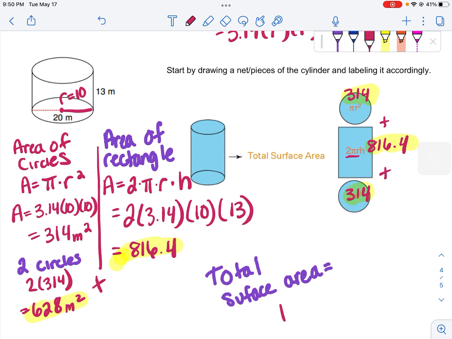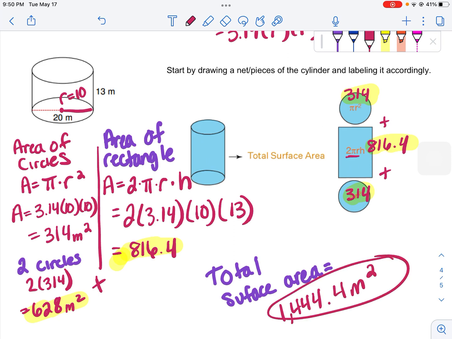And the total surface area would be 1,444.4 square meters. So make sure that you chose the one with square meters instead of cubic meters. We use cubic measurements when we deal with volume, and we use squared measurements when we're talking about surface area.